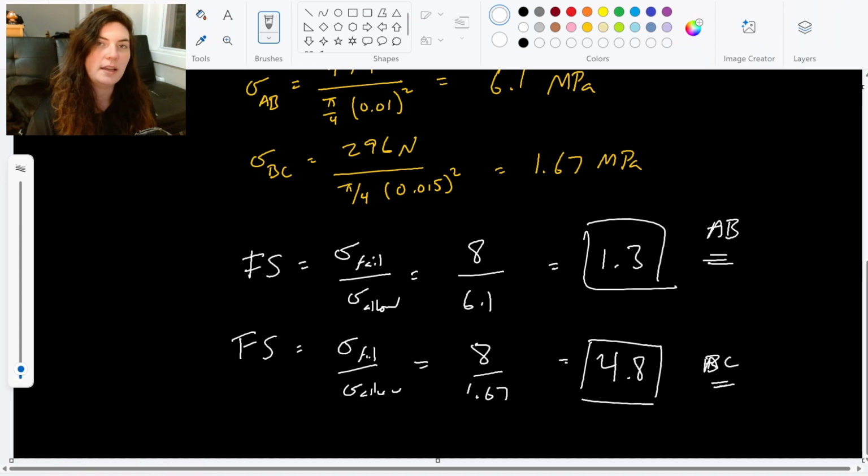So those are the things we keep in mind as we're doing design, is we want this buffer in there. We want this factor of safety just so we don't get too close to failure. We don't want to be near that failure point, because any gust of wind, any minor change could cause you to accidentally hit that fail point. You want that wiggle room in there.